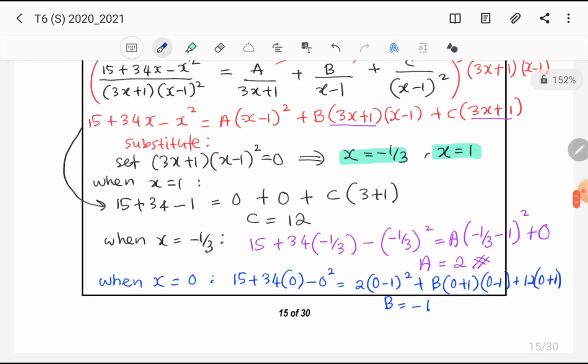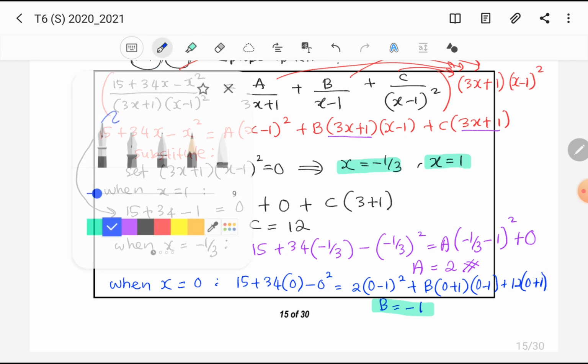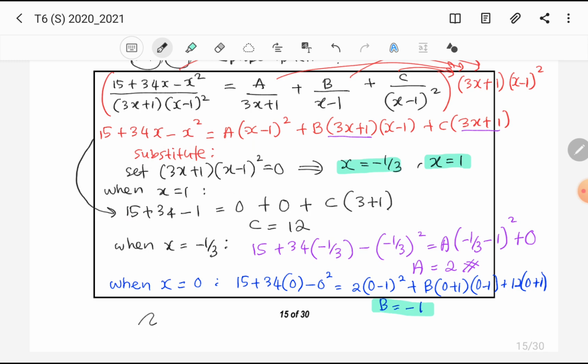Okay. So, dah jumpa dah all the 3 constants tadi. Okay. So, final answer. Therefore, 15 plus 34x minus x squared divide by 3x plus 1 times x minus 1 squared can be written as, okay, apa A kita?